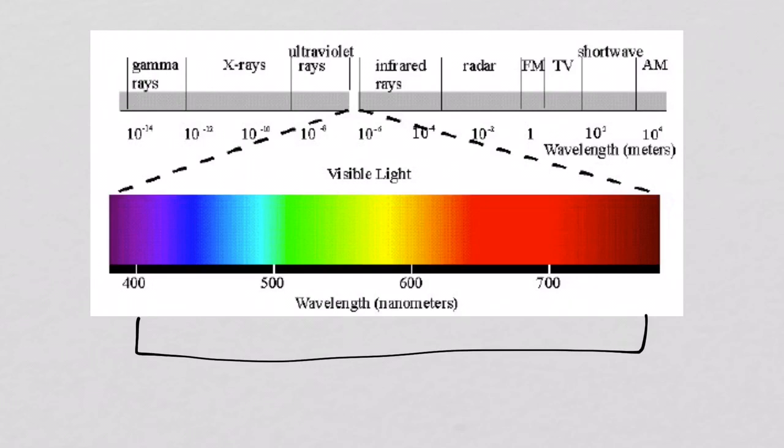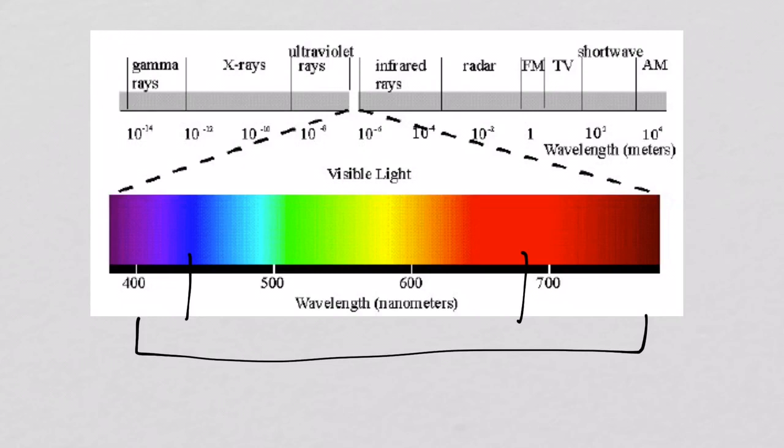And one thing very important to note is that this electromagnetic radiation is some kind of energy. And each particular wavelength, for example here, blue wavelength, has a particular value of energy. So this value of energy for blue is different from the value of energy that red light has.